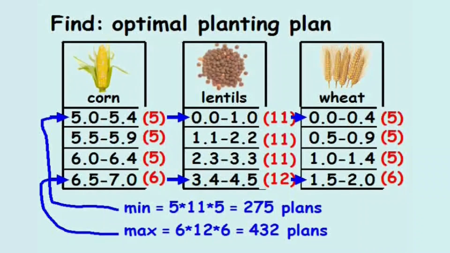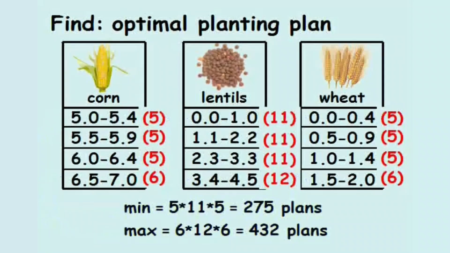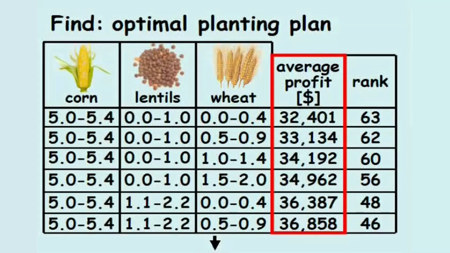Although 20,000 simulations may seem like overkill, the more trials in a stochastic Monte Carlo simulation, the greater the sample size, and the greater confidence the modeler has in the results. The average profit for all planting plans in each of the 64 ranges are calculated, and the first 6 ranges are shown here.